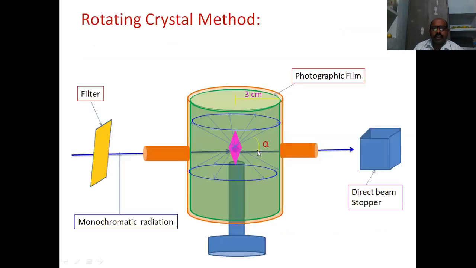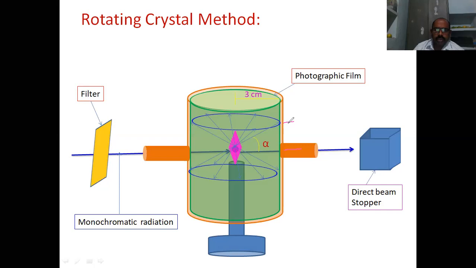Here I have identified this distance from here to here as small s, this distance is capital S, and this distance is the radius.